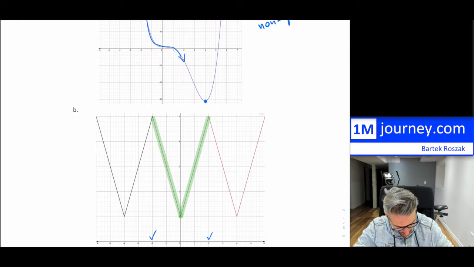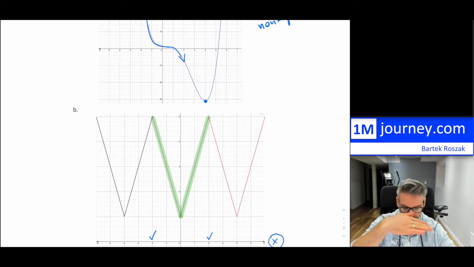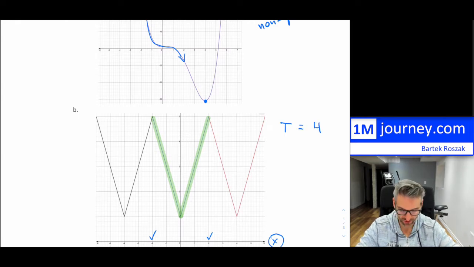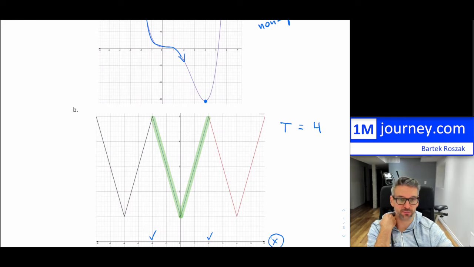We don't know what the independent variable is or the unit, but I can say that the period, which I'll designate with a capital T, is equal to 4. Whatever, 4 units of something. So that's from -2 to 2, and then it just repeats over and over. This is its cycle.